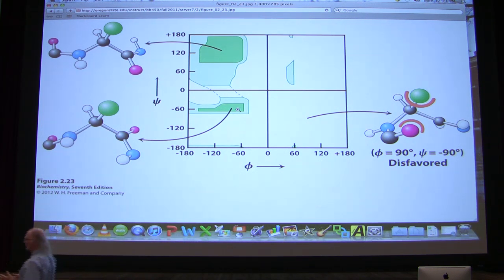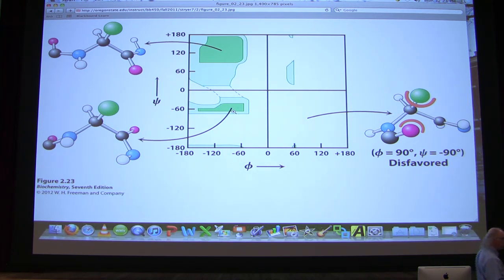That meant that there was a relatively limited amount of angles that gave rise to stable structures, and they seem to be clustered pretty much into two regions. We'll see those two regions turn out to be very important for our understanding of the next level of protein structure. Okay. Everybody with me on this?